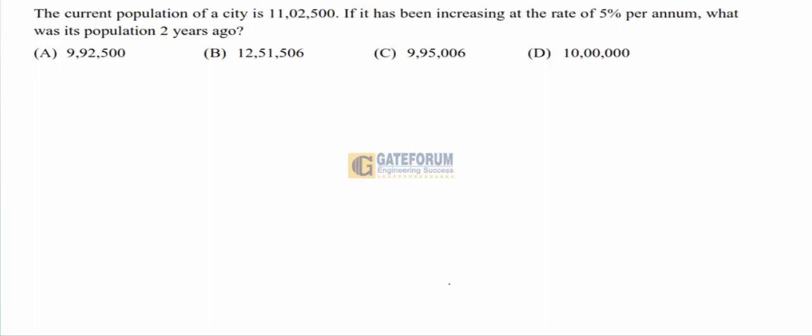The first one: the current population of a city is 11 lakhs 2,500. If it has been increasing at the rate of 5% per annum, what was its population 2 years ago? So you see, this was the first year, then this was the second year, and this is the current year.